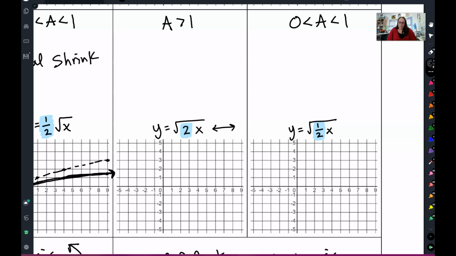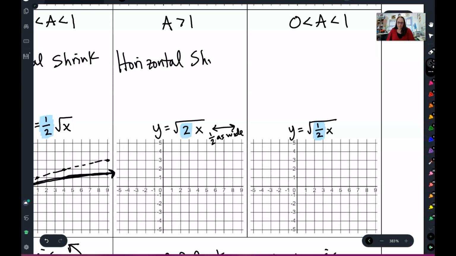And remember, inside is always opposite. So you would think that this is timesing by 2, so it should be twice as wide. But it's opposite. So this is actually going to be 1/2 as wide. We call that a horizontal shrink because it's opposite. So if I draw my parent graph here, I want all these points to be half as wide.